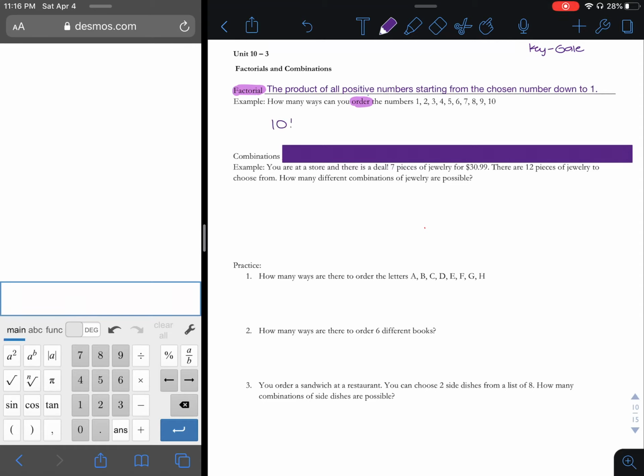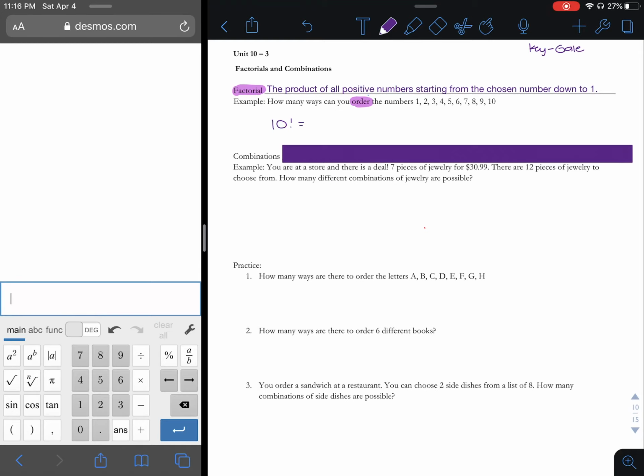And a factorial is just the number and then that little exclamation point. In math, it means factorial. Obviously, in English, that means excited or whatever. So in math, a factorial means I'm taking all the numbers, so 10, and going down and multiplying that all together.